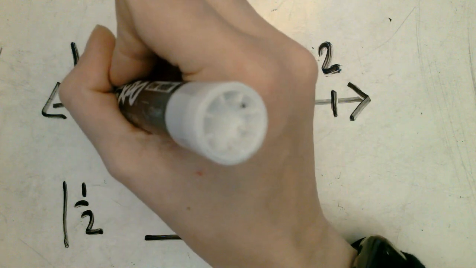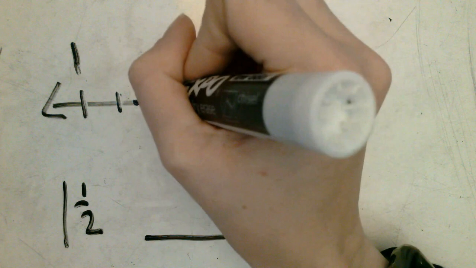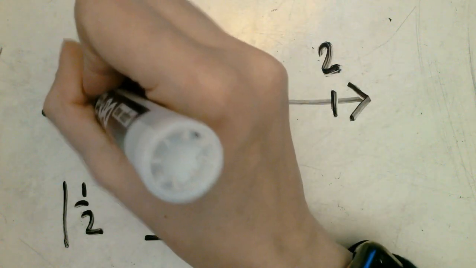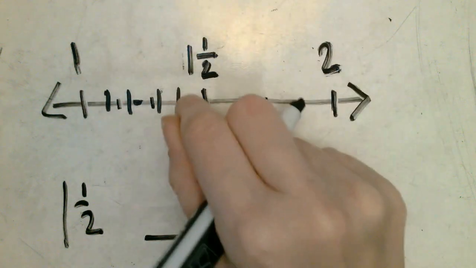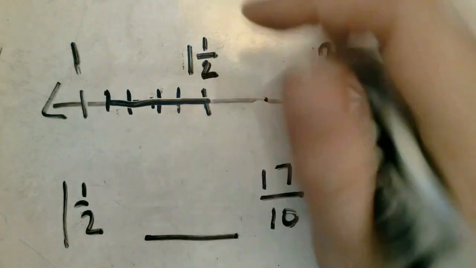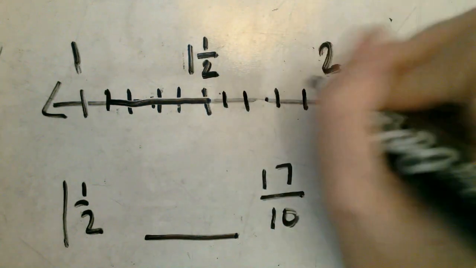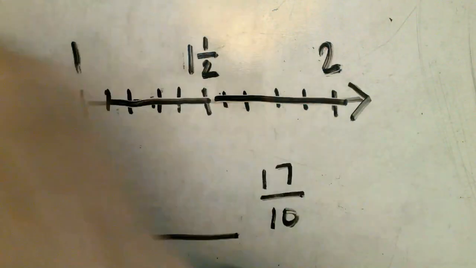So I'm going to add 4 lines. 1, 2, 3, 4. 1, 2, 3, 4, 5. That way I have 5 sections on this side of my board. And 1, 2, 3, 4 on this side. That way this is now split up into tenths.